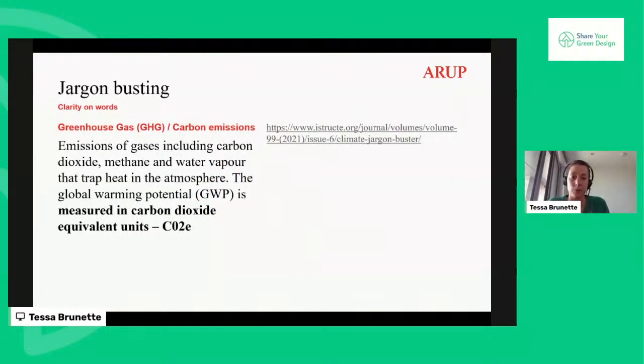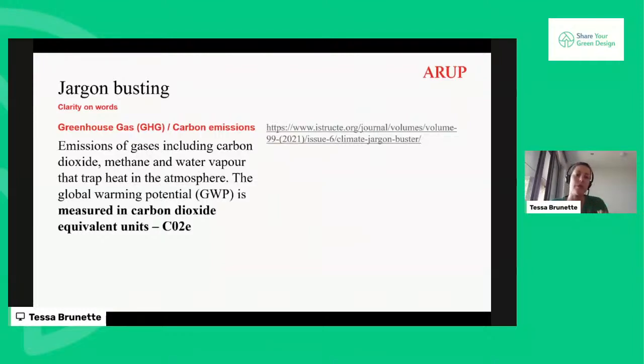I did mention jargon. We do need to be very wary of the risk of jargon with the carbon conversation. I would highly recommend this IStructE publication, which is called the Climate Jargon Buster. I would highly recommend that you have a look at that, because we must be quite clear with the words that we're using and make sure that we're using the right words with the right meaning behind them. But one thing that I do just want to identify is that in this conversation, when we're using the word carbon, it doesn't only mean carbon.